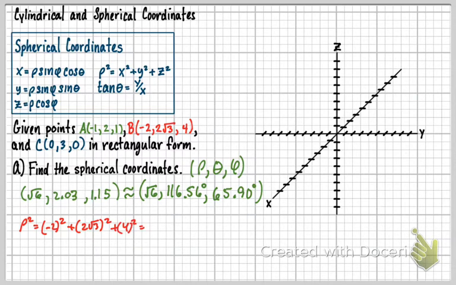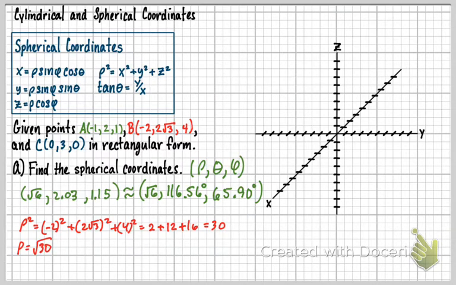And that's going to equal 4, plus 4 times 3, which is 12, and then plus 16. So this is going to end up being 32. And then that means rho then is really plus or minus the square root of that, but I'll just write the positive root for this one.